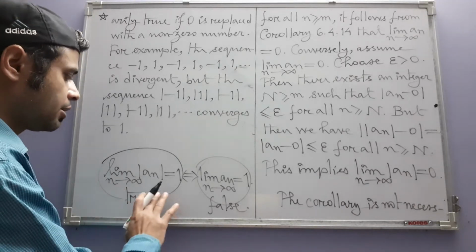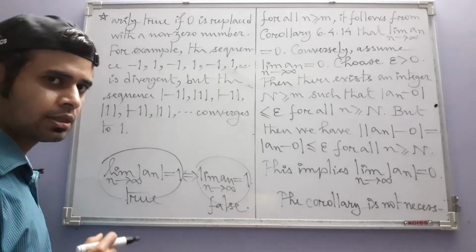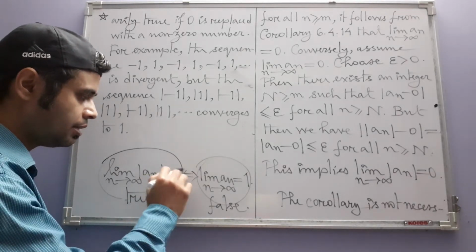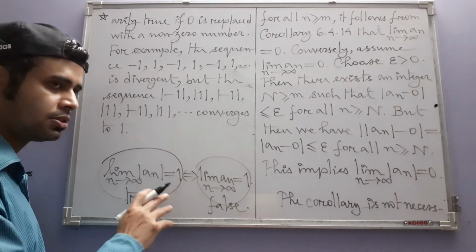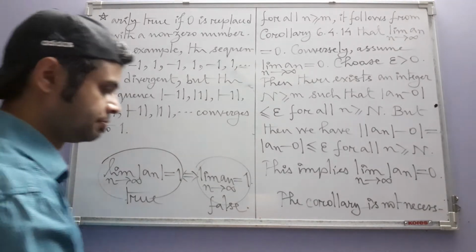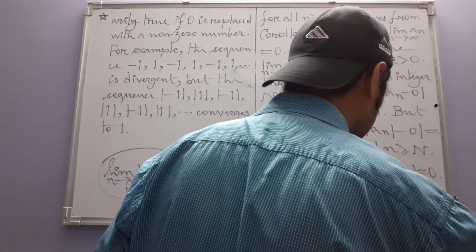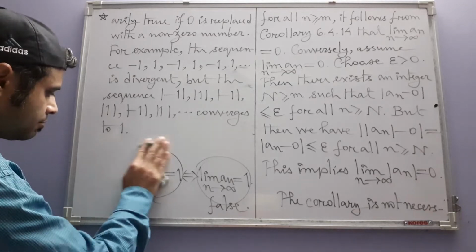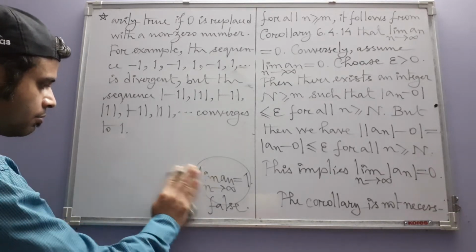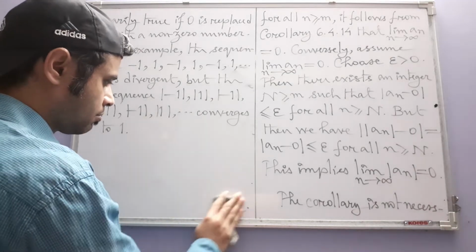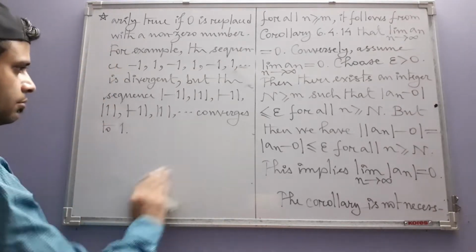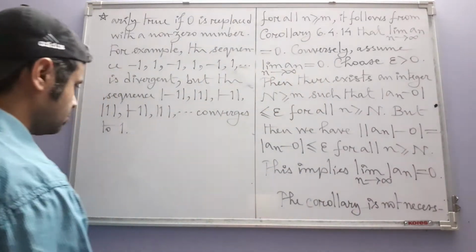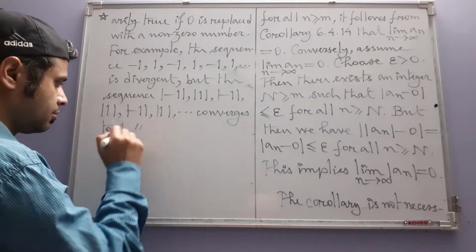So in general one cannot say anything, it depends on the sequence. If we change this number from 0 to something else, that's why we are saying not necessarily true. And the solution ends here.